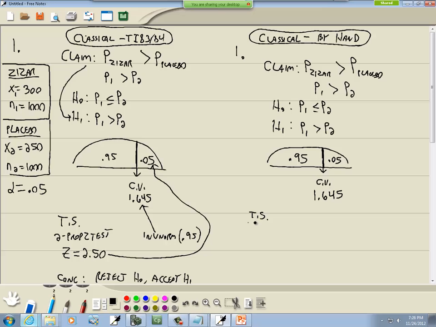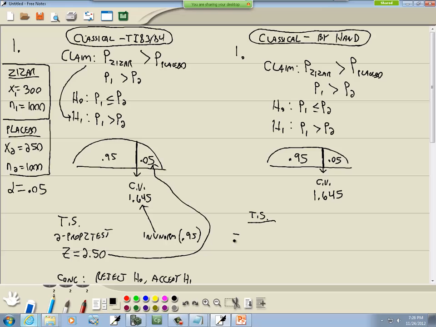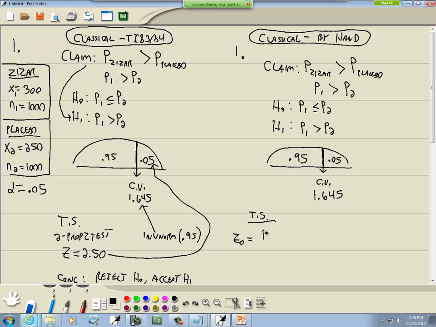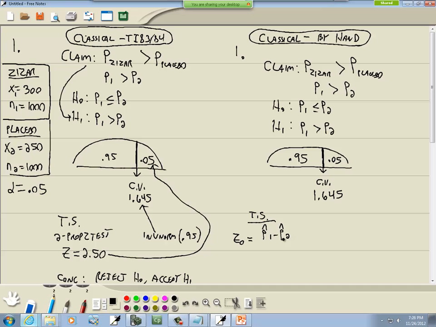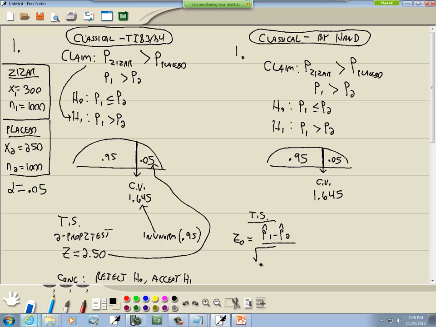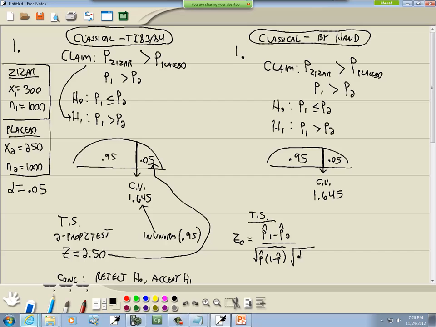Now our test statistic is a formula. This one right here. So we got Z naught is equal to P hat sub 1 minus P hat sub 2 over the square root of P hat times 1 minus P hat, then the square root of 1 over N1 plus 1 over N2.